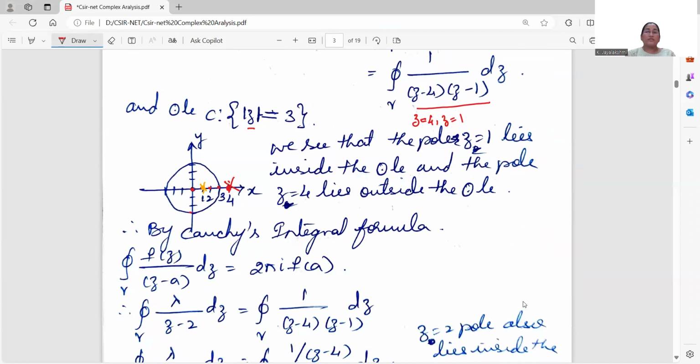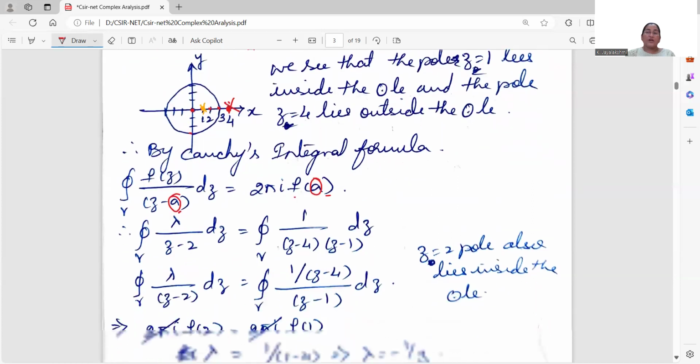According to the formula, the integral over gamma of f(z)/(z minus a) dz equals 2πi times f(a), where a is the pole lying inside the closed contour; you make the substitution in f(a). Here the integral over gamma of lambda/(z minus 2) dz equals the integral over gamma of 1/((z minus 4)(z minus 1)) dz.